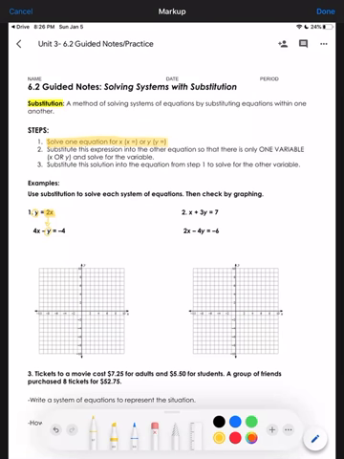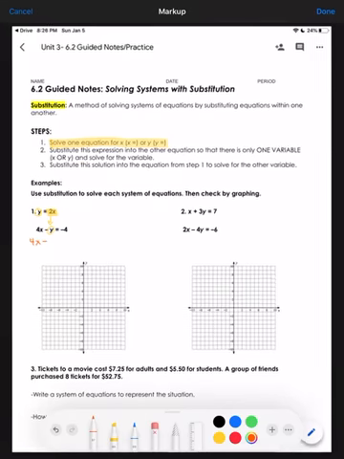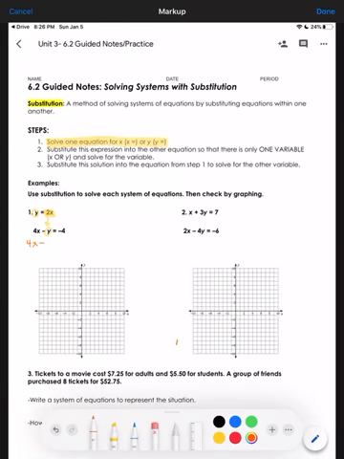I'll walk that through so you can see what I'm talking about. I'm going to rewrite the second one. I have 4x minus, now instead of writing y, because y is equal to 2x, I'm just going to plug in 2x for y, and everything else stays the same. All I did here was wherever it said y, I plugged in a 2x.